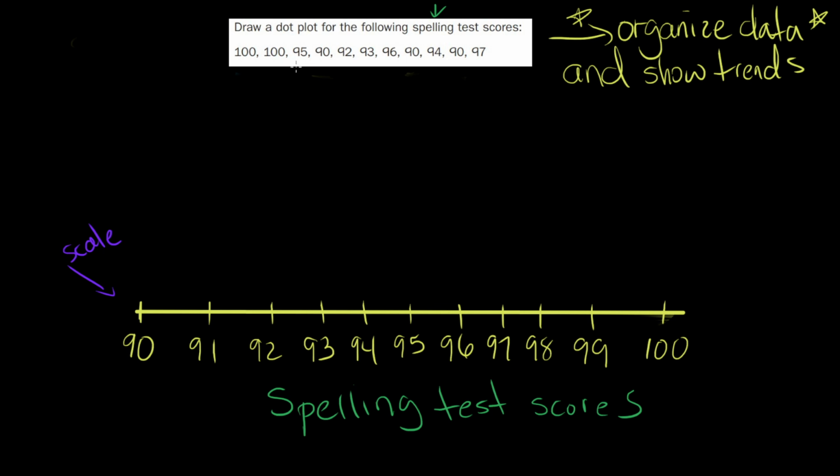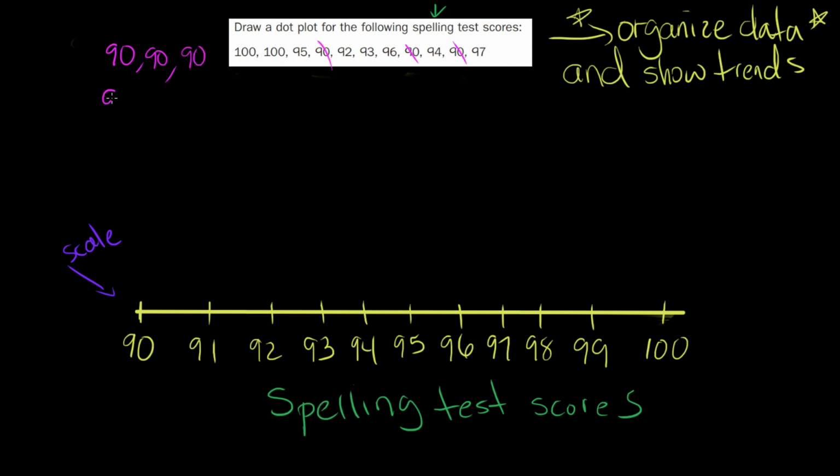And now what we do is we simply plot our data. The way I like to think about it is I like to put all my numbers in order. It just visually helps me. So I'm going to start with the smallest, and then go to biggest. So we have 90, another 90, another 90.